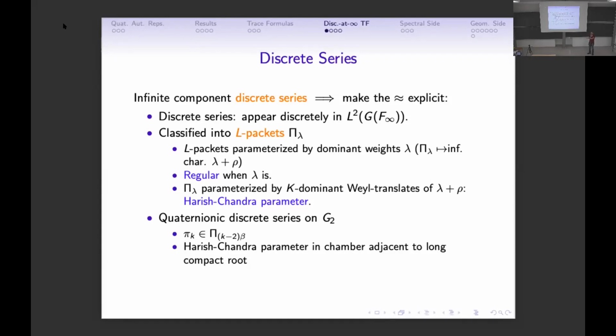You take the chamber, out of the 3, that's adjacent to the long one. The other way to say this is that the minimal K-type of the quaternionic discrete series is trivial on one of the SU2 factors. So they have the simplest possible minimal K-type, and that is what leads to all their nice properties. Okay, so that's the specific discrete series we're looking at.